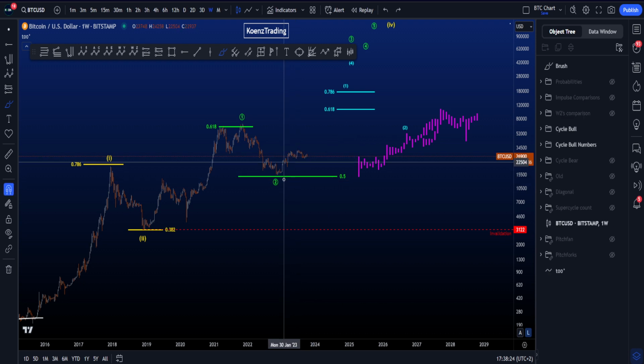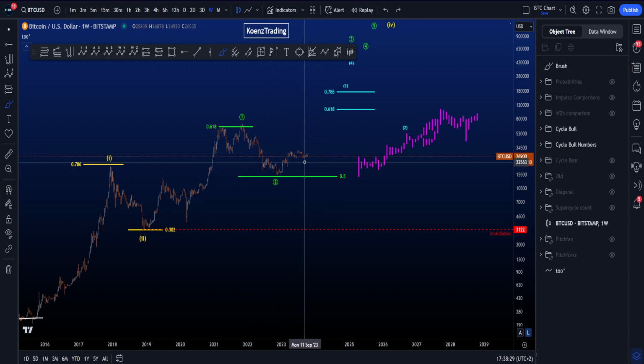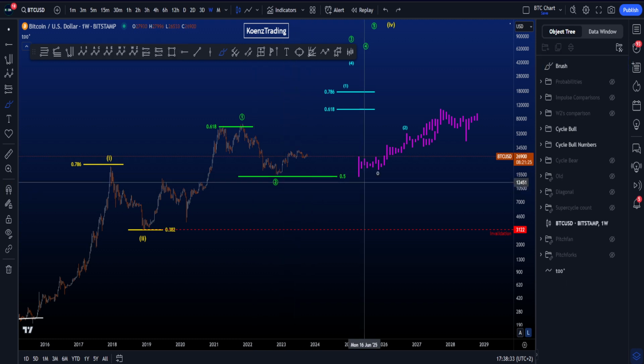But as long as we are above 15.4k, it doesn't make sense to yet talk about everything below here, of course. So we will first need to wait for the move up. So probabilities here are bullish, still shown different, of course.